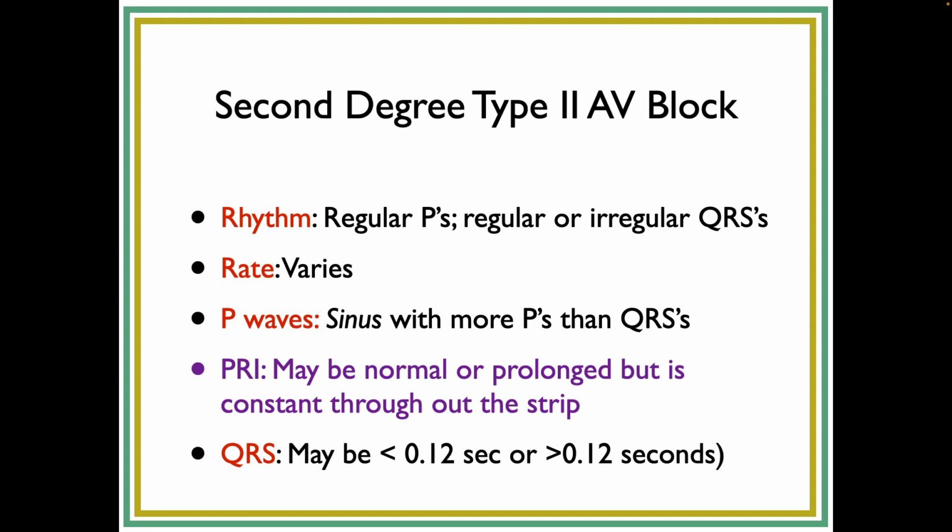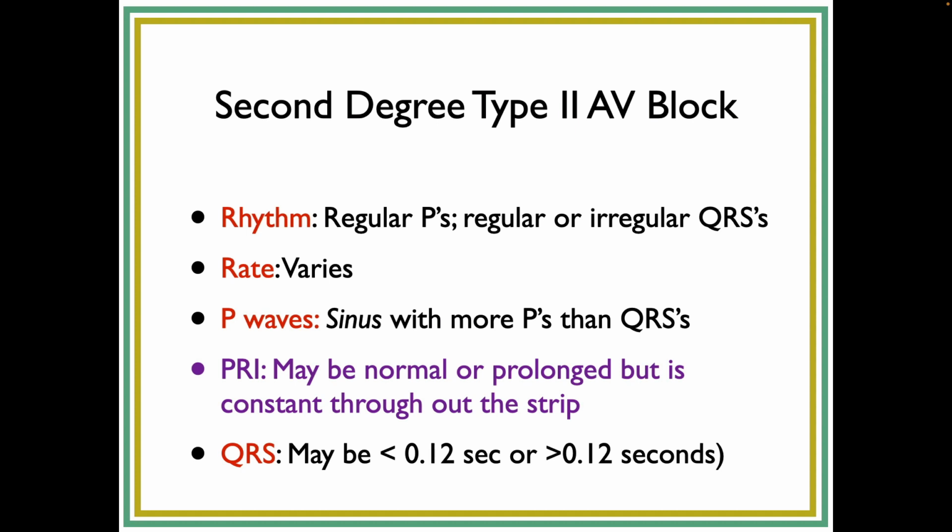The P's, as always, are regular. We have a regular rhythm of sinus P waves happening in the atria. The QRSs can be regular or irregular, and we're going to see examples of both. The rate just depends. There are always orphan P's with second degree type 2. There are always non-conducted P's, which means that there will always be more P's than QRSs.